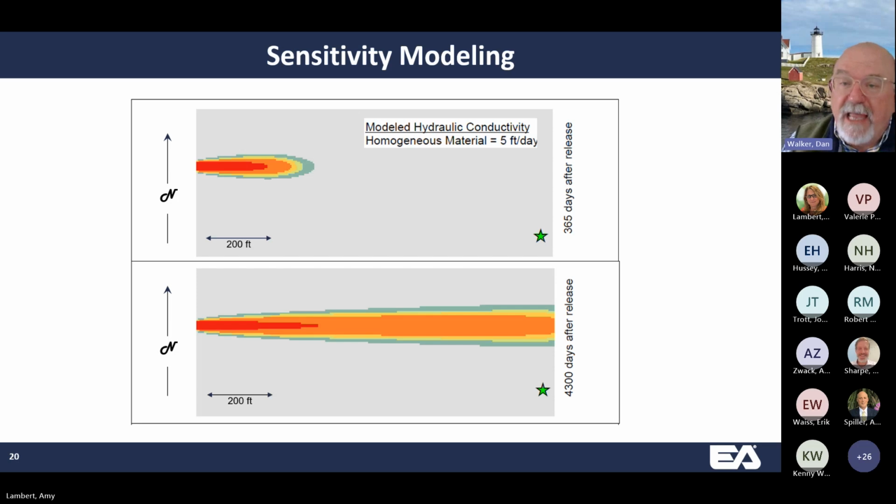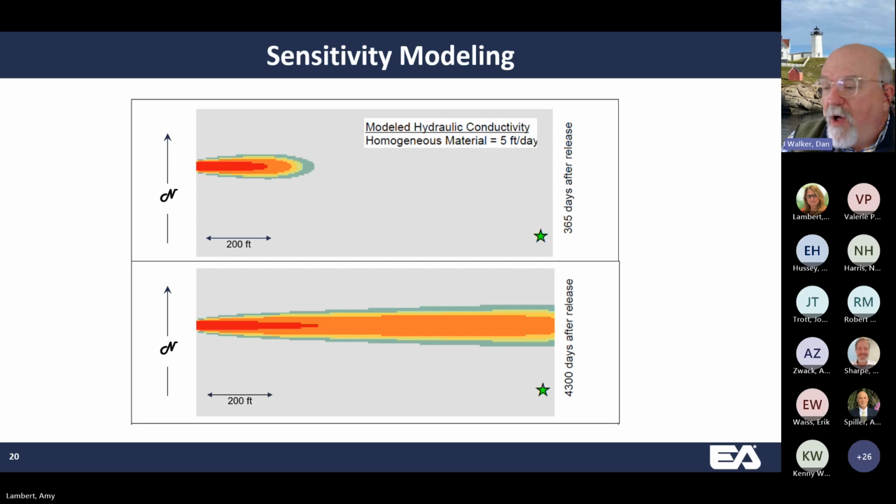In this simple example, we used a fairly common hydraulic conductivity, typical of silts and clays. We distributed that conductivity uniformly. And so what you get is, if you release, in this case, let's say it's PFAS, it could be any contaminant that's not particularly dense or particularly light. So PFAS is a good candidate.